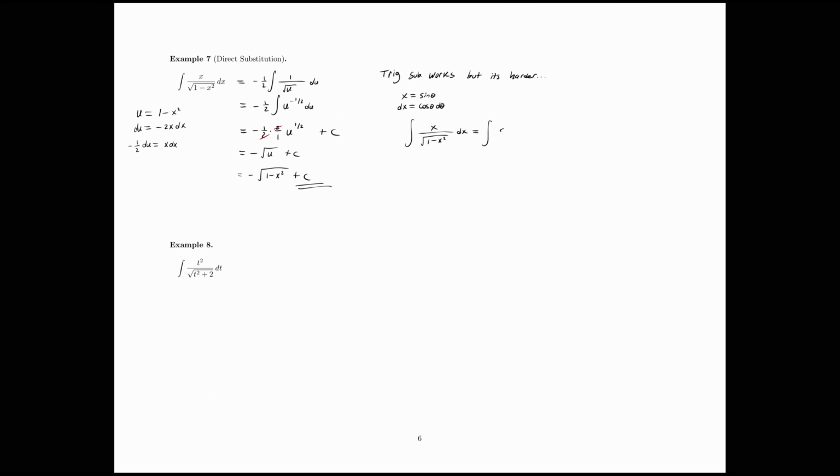The x becomes a sine of theta, the dx becomes a cosine theta d theta, and the inside of the square root becomes 1 minus sine squared theta. Again, the square root becomes a square root of cosine squared theta, which is just cosine theta, and then the cosine theta in the bottom cancels with the cosine theta in the top, and then you're left with the integral of sine of theta. So far this is pretty straightforward, it's not that hard. The antiderivative of sine is negative cosine theta, plus c.